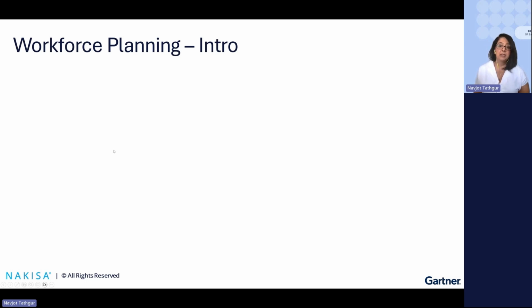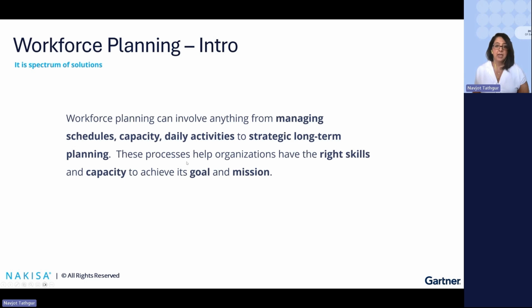Since workforce planning can mean so many different things to different people, it's important for leaders to understand its components and to find the best ways to support it. There is no one-size-fits-all solution. Organizations need a diverse set of portfolio products tailored to their specific needs. Gartner says that workforce planning is a spectrum of solutions.